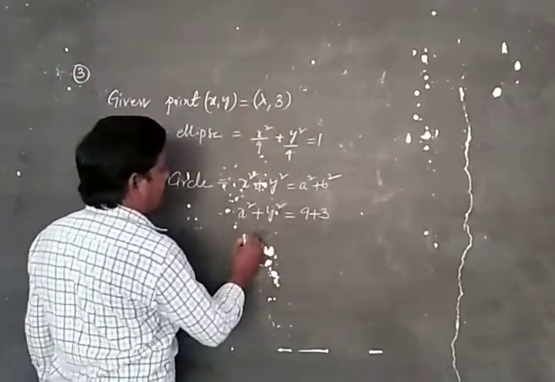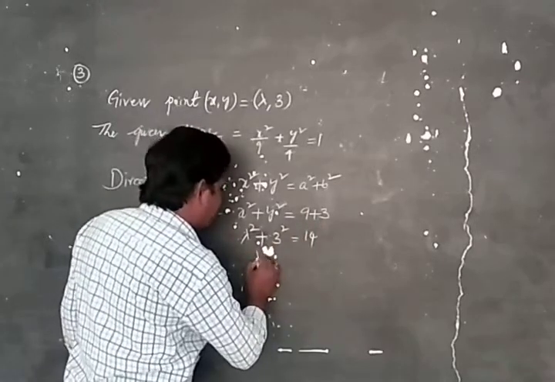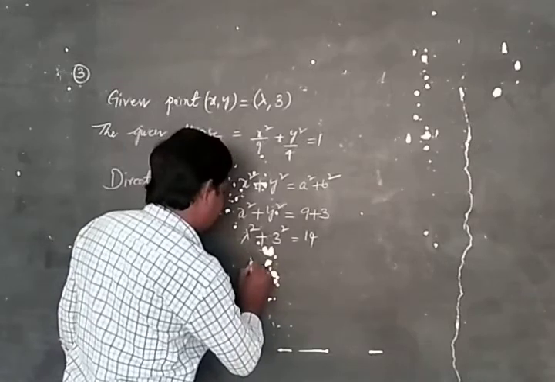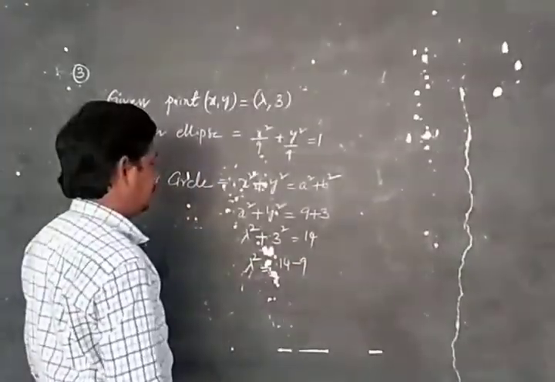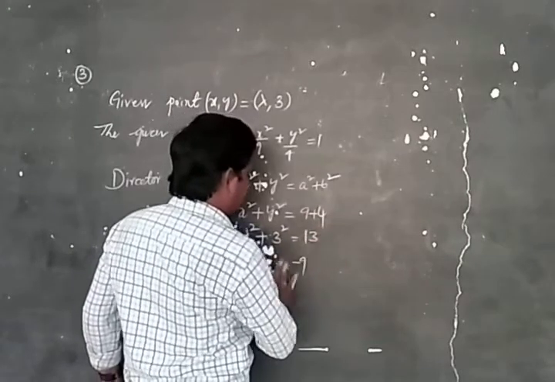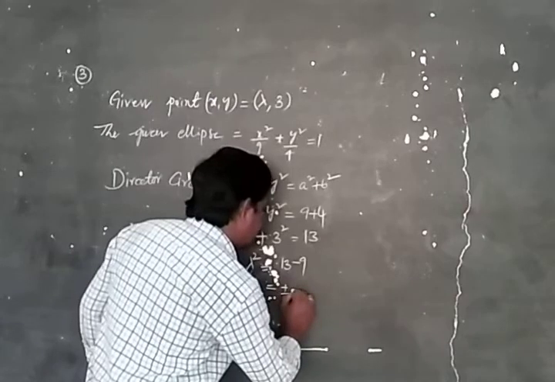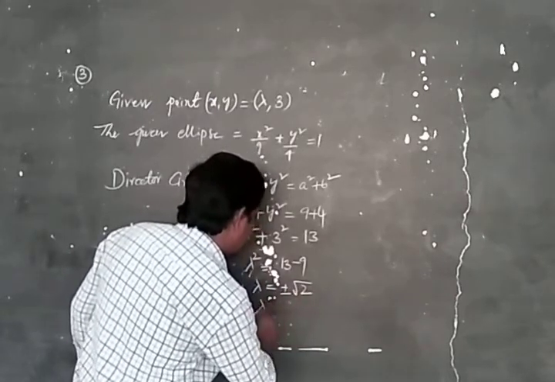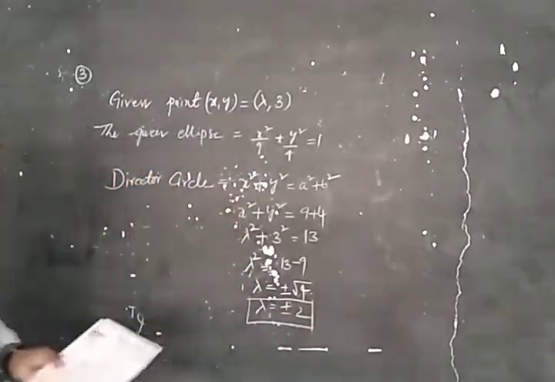Here x means lambda square, y square means 3 square, so 9 plus lambda square equal to 13. Then lambda square equal to 13 minus 9, which is 4, so lambda equal to plus or minus 2. Okay.